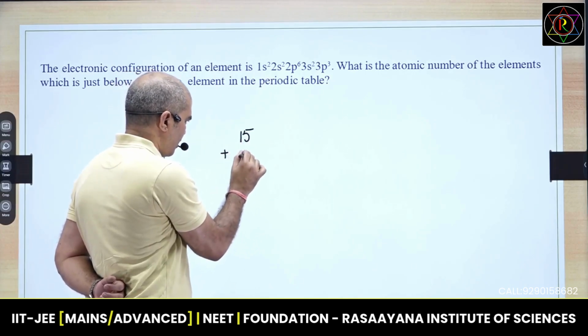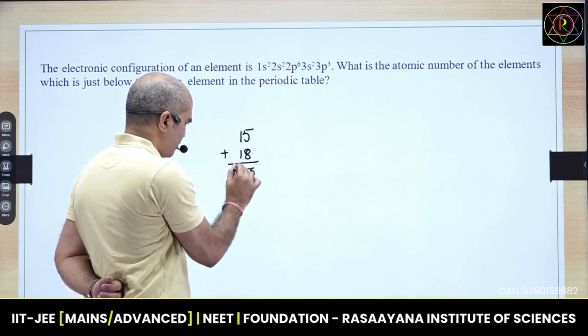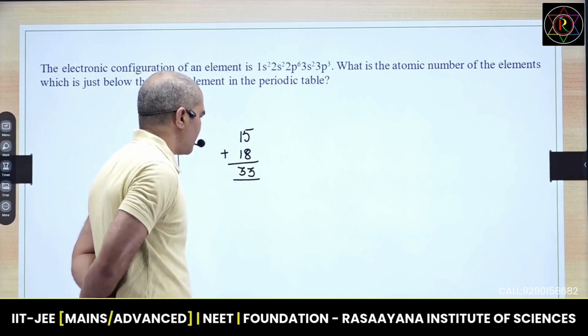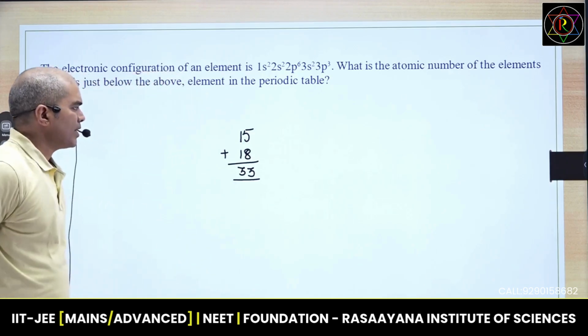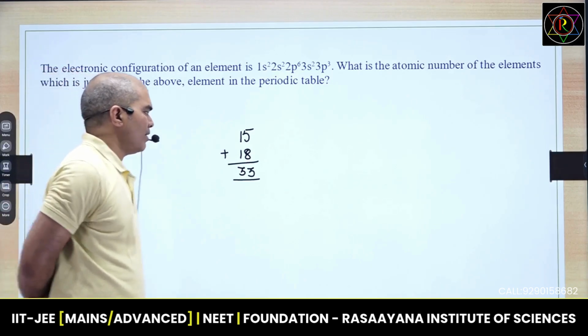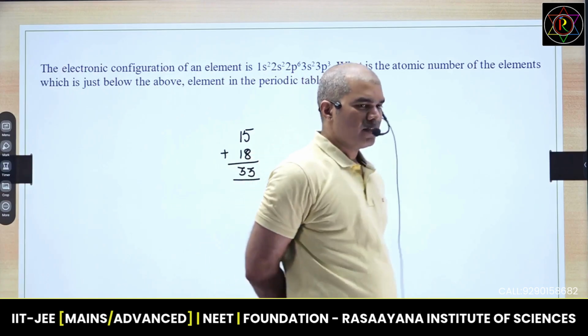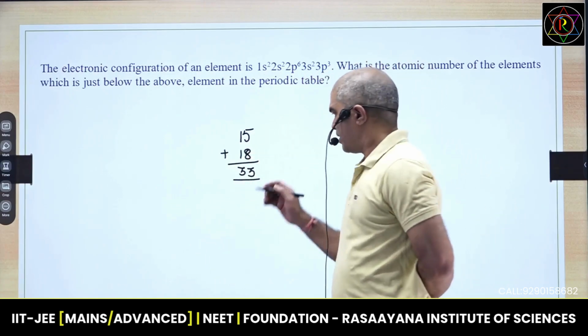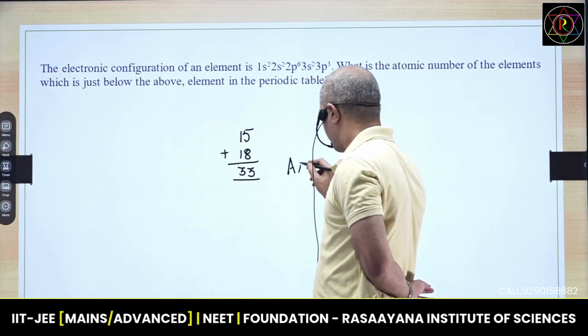I am adding 18 to this, so that becomes 33. So what is the element that is coming below this element? The answer is 33. So what is that element? 33 is arsenic.